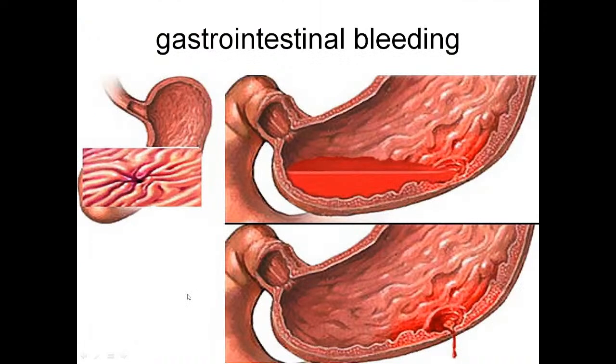In this slide, you can see gastrointestinal bleeding, an ulcer of the stomach, and the results of the bleeding, the loss of blood. This bleeding can flow out through the esophagus to the environment.